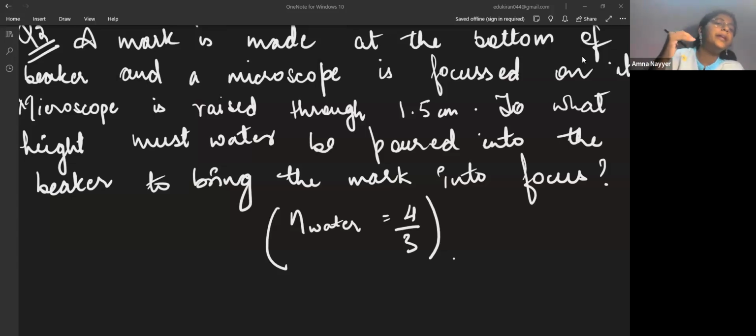If you have to bring the mark into focus, it means you have to find out the change in length that has occurred, the shift that has occurred. How much you are raising the microscope in order to make the mark visible, because it's not visible from every length, right?